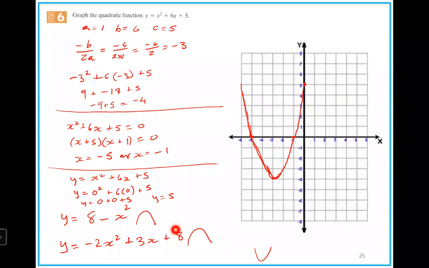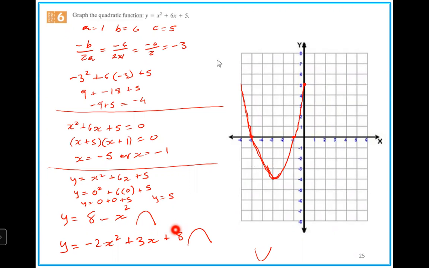Sketch just indicates that you're giving a general look of how the parabola should be. Okay. And so that's it for that portion of the chapter that we're looking at today.